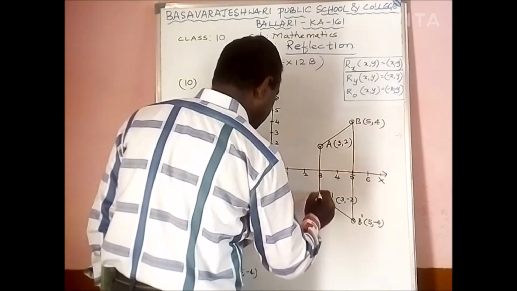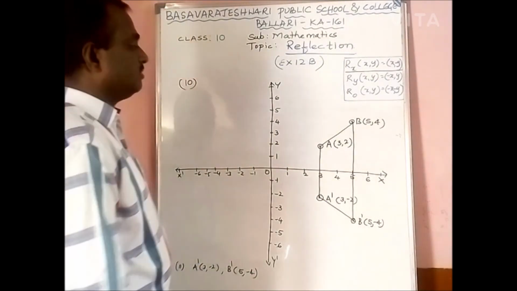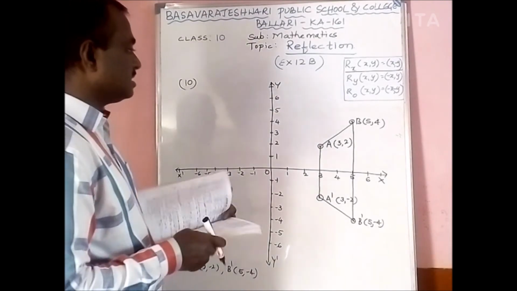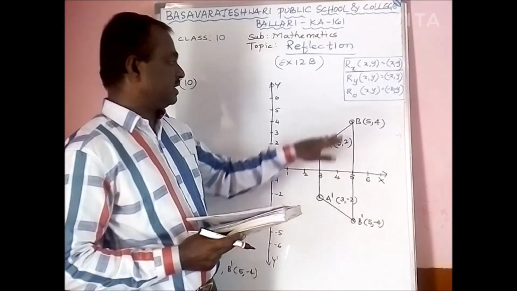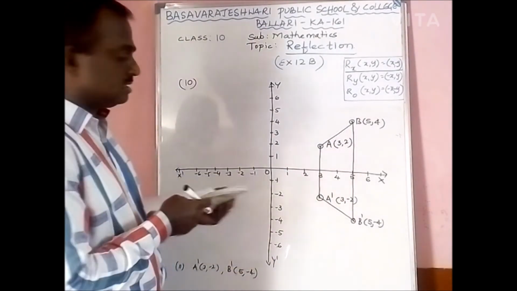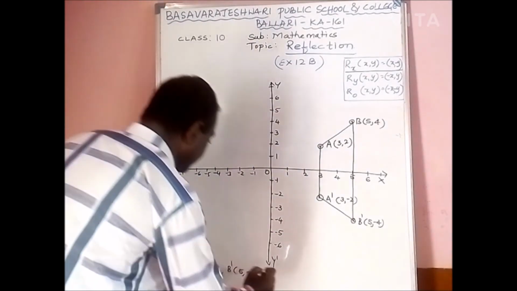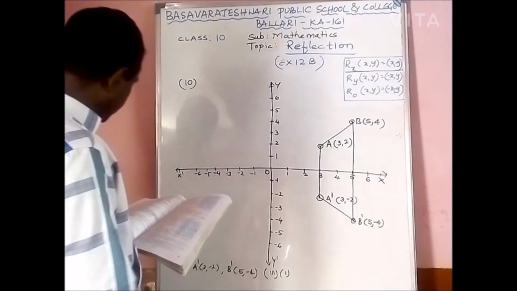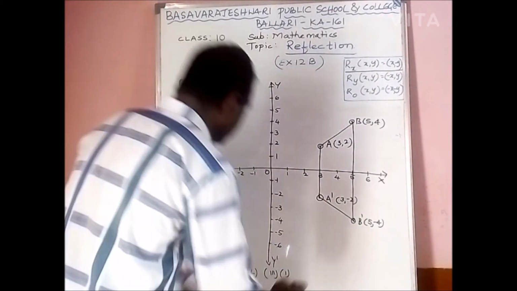Join this also. This is nothing but, we can say, an isosceles trapezium, because the sides are equal. Isosceles trapezium. So what is the name? Third question, name the geometrical figure ABB dash A dash: isosceles trapezium.